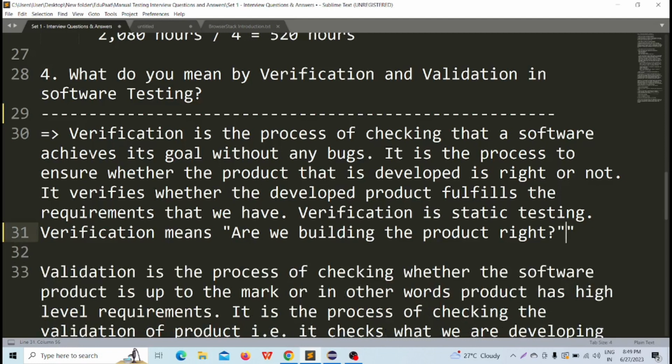Verification is the process of checking that a software achieves its goal without any bugs, and ensuring whether the product that is developed is right or not. It also verifies whether the developed product fulfills the requirements that we have. Verification is static testing, and in simple terms, verification means, are we building the product right? That is called verification.